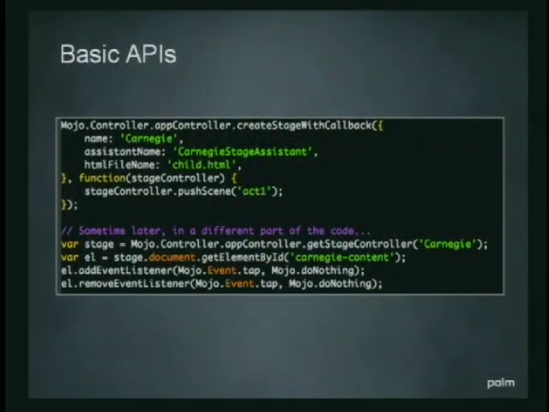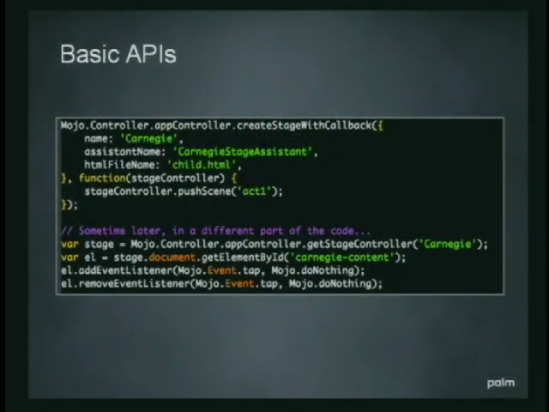Okay, so then once you have a new window open, you can do anything with it that you could with a regular window, except that you have to be careful about these globals. So every stage controller has document, window, navigator aliased across it so that you can reference the correct document no matter where your code's actually executing.